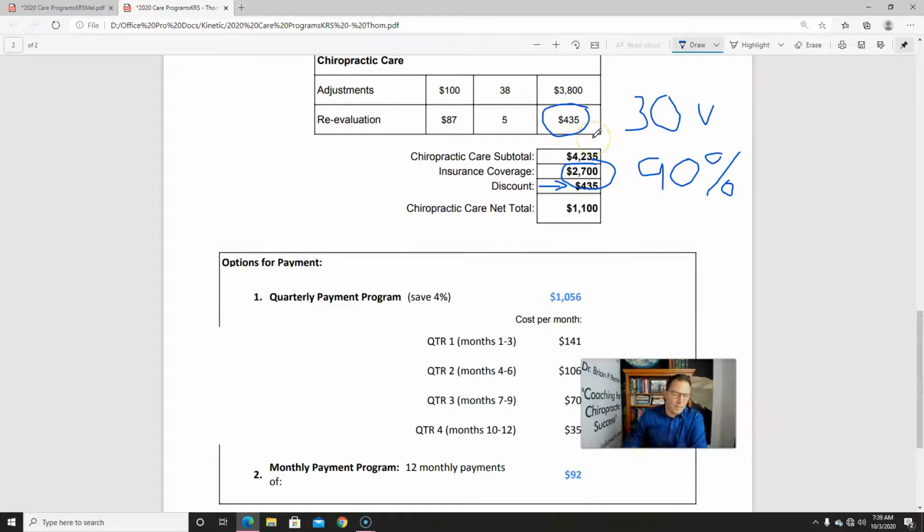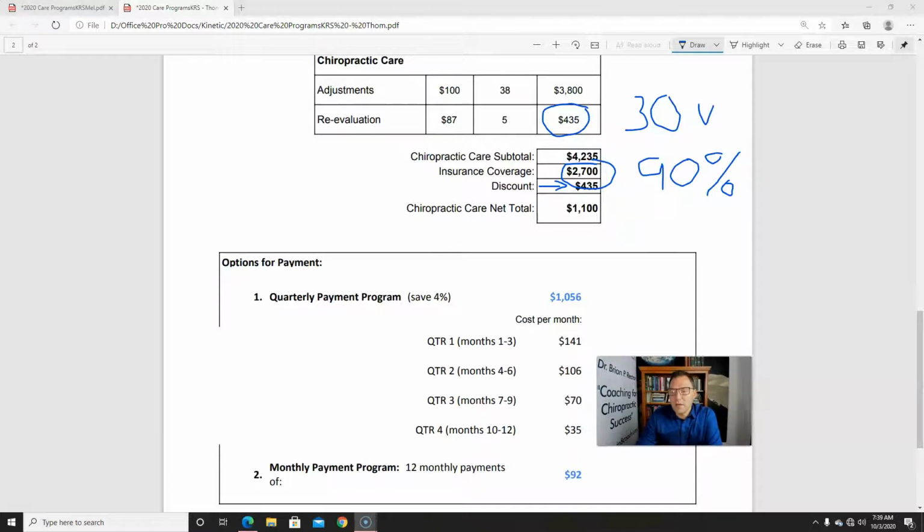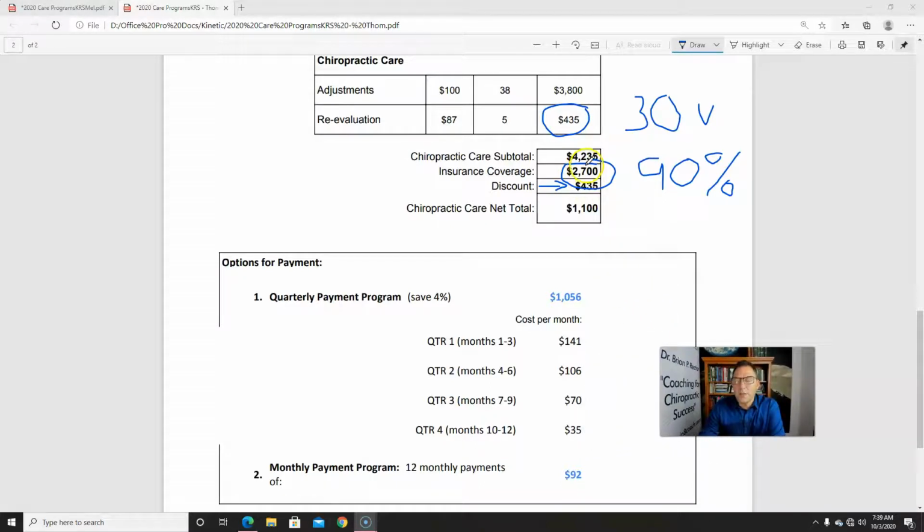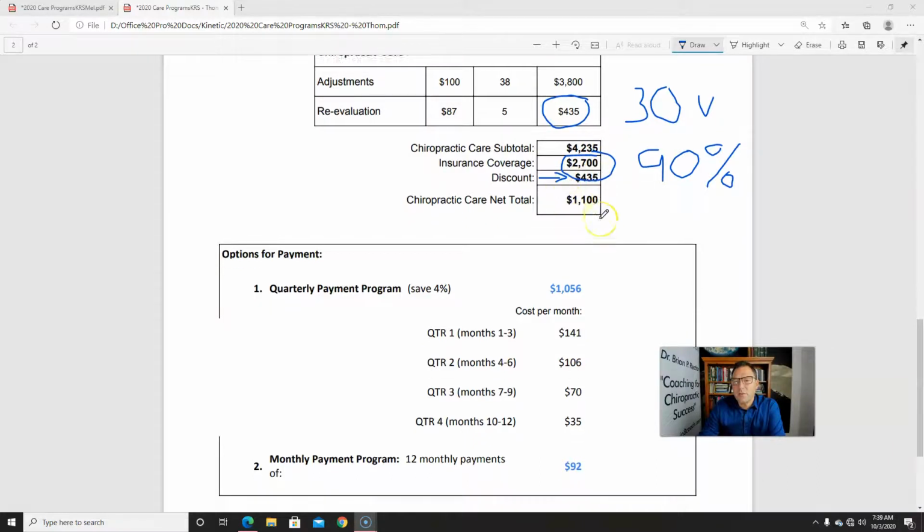So they're coming in anyway. It's a little extra time, and we're building value in those re-exams anyway. And again, look for a video that explains what the re-exams look like. So if we look at the $2,700 minus the discount, it comes to $1,100.